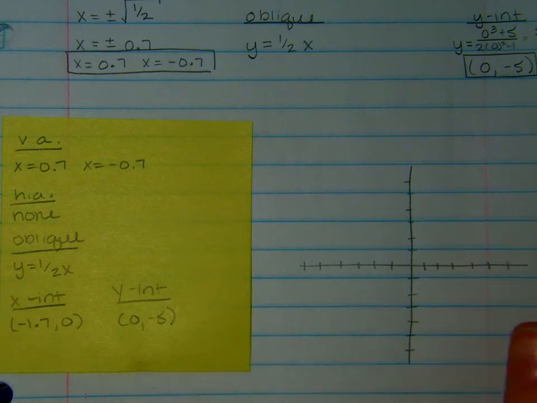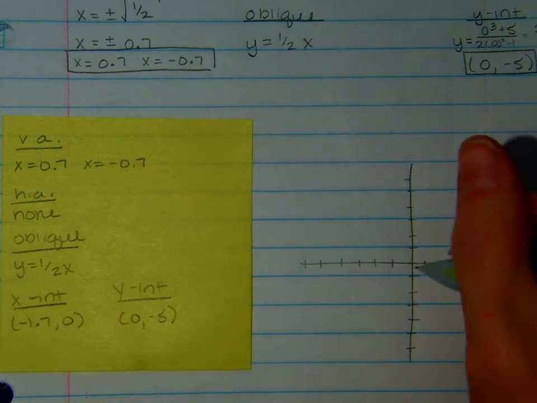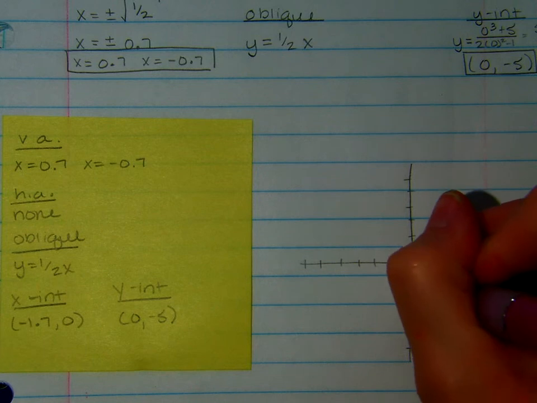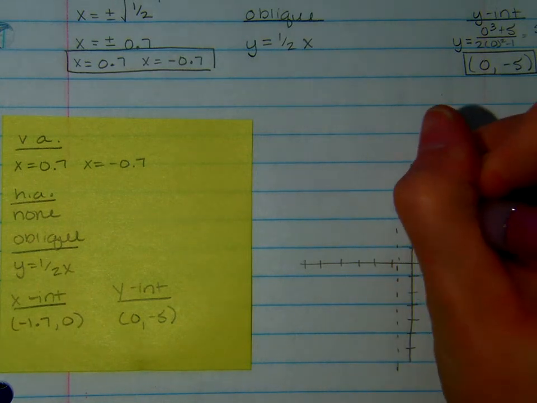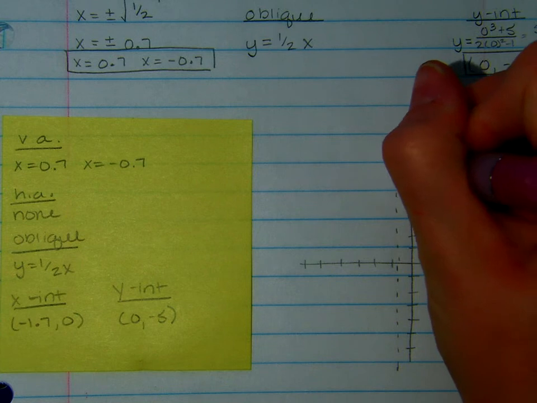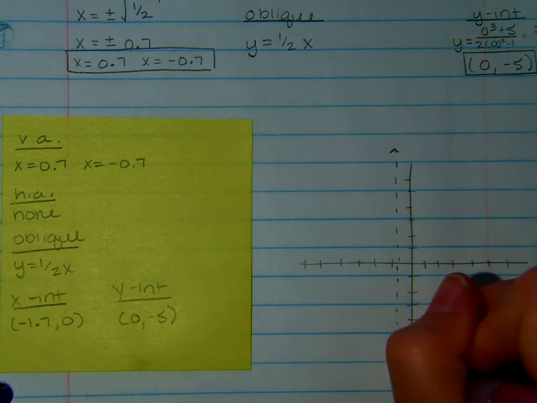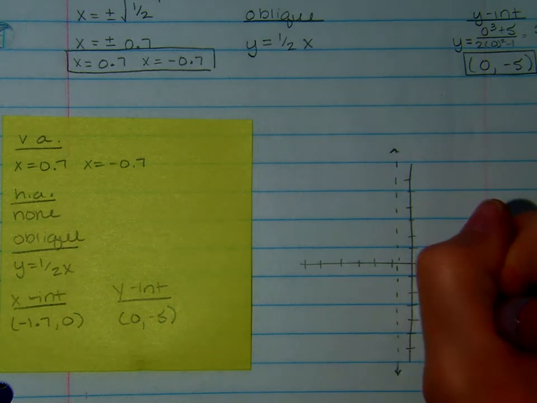My vertical asymptotes are at negative 0.7, so again, it doesn't have to be crazy accurate, but it does need to be between 0 and -1 and closer to -1. There's one of them, and at 0.7.